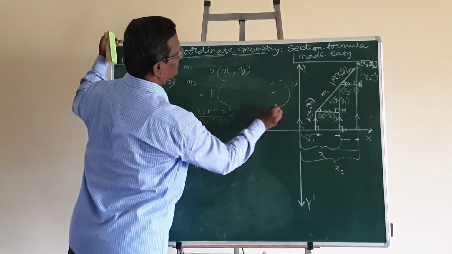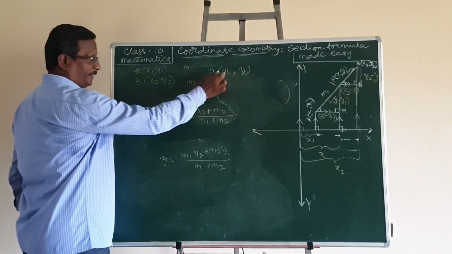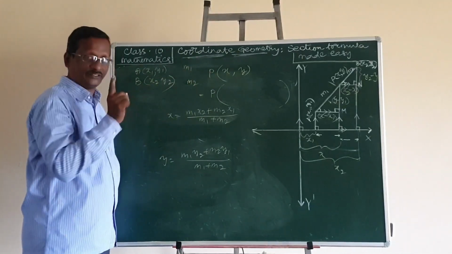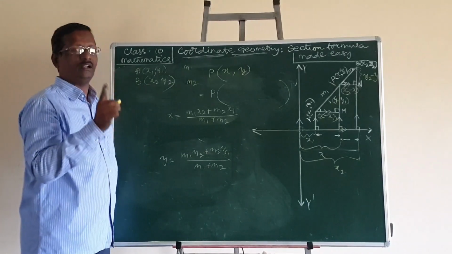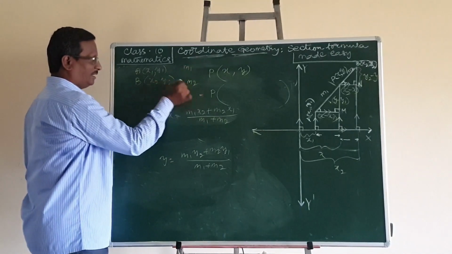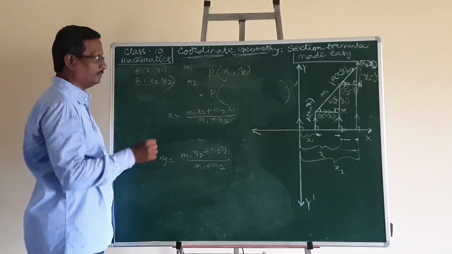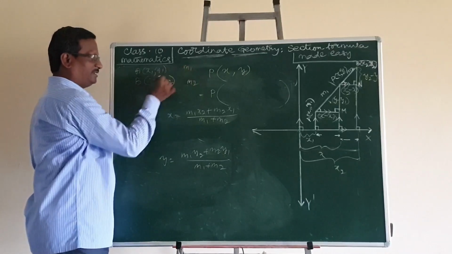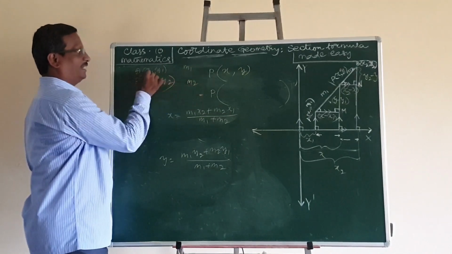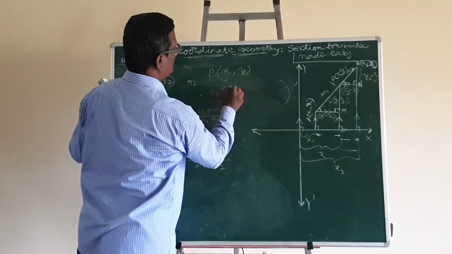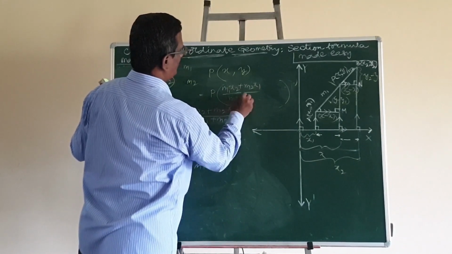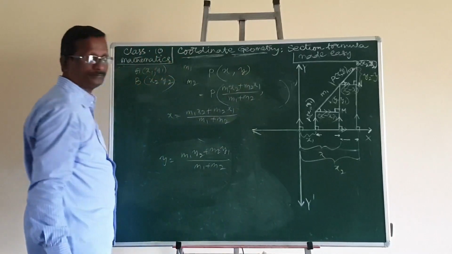This x comma y value, if I write for P, for the value of x, start from m1, whether it is for x coordinate or for y coordinate, starting is m1. m1 x2 plus m2 x1, and it is cross multiplication. m1 x2 plus m2 x1 by m1 plus m2 is the denominator, same.